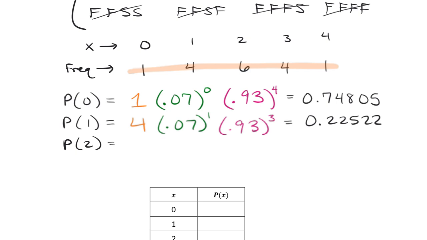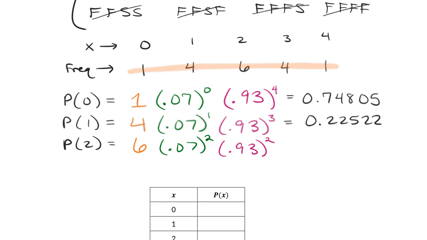Now the probability of getting 2 people with O negative. What's the frequency of finding 2 people? 6, which means we're multiplying that by the probability of success, which my marker didn't change colors, to what power? 2. And the probability of failure to what power? 2.